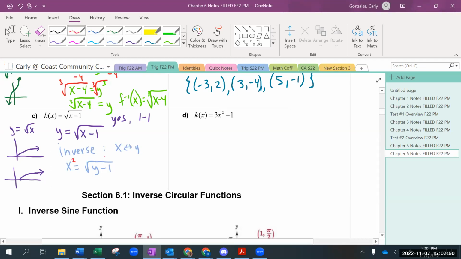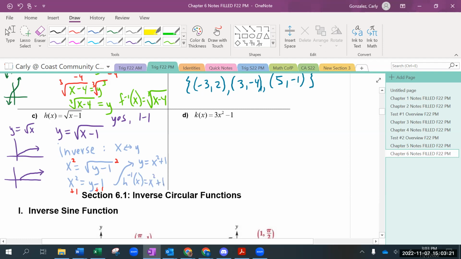So we square both sides. X squared equals y minus 1. And we'll add 1 to both sides. So we get y equals x squared plus 1, or using function notation, h inverse of x equals x squared plus 1.